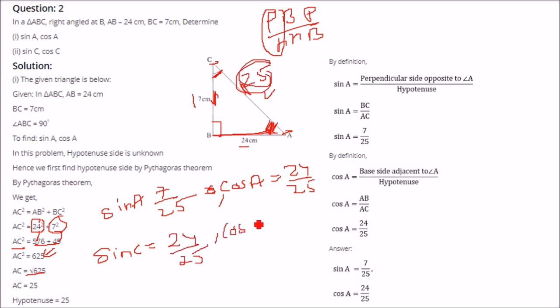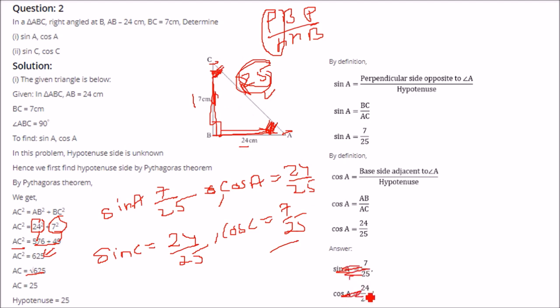When we take cos C, it is base upon hypotenuse. Now for this angle, base is this, 7. Hypotenuse is this, 25. It will be 7 by 25. So these are the values. Sin C is perpendicular upon hypotenuse, 24 by 25, and cos C is base upon hypotenuse, 7 by 25.